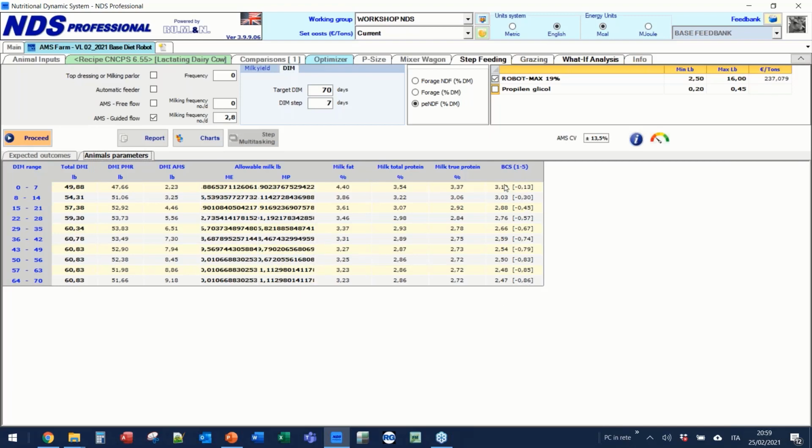Starting from the Kelvin, where we predict the body condition score, in this case we lost 0.9 body condition score after 70 days, starting from 3.19 plus 0.13, 3.4, and we lost 0.8, 0.9. I think this is acceptable. Otherwise, we should reformulate the diet.